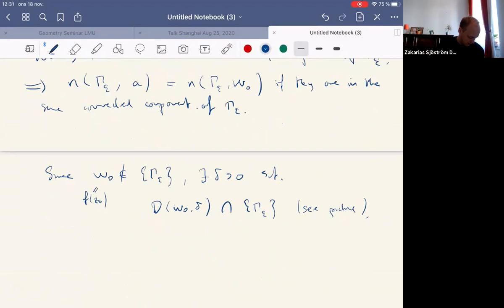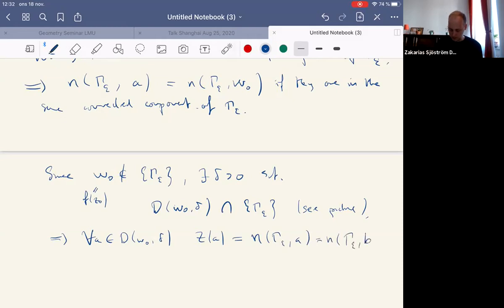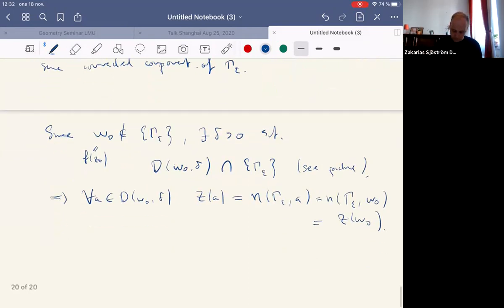And this means that for any A in this disk, Z of A is equal to the winding number of gamma epsilon around A, which is equal, by constancy of the winding numbers, to that around W0, which is equal to the number of zeros, Z of W0.